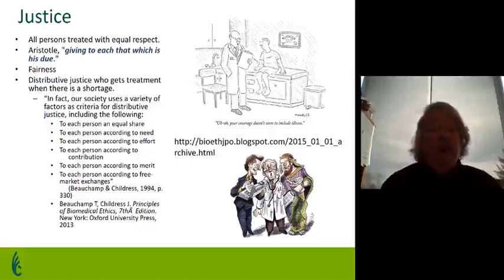A third view is that each person gets according to their effort. We see this view of justice in capitalism. If you work hard, you produce more, you deserve more. So we distribute according to effort or to contribution.